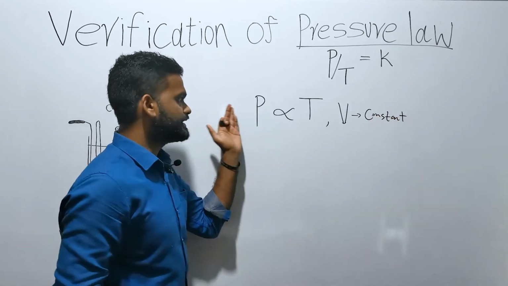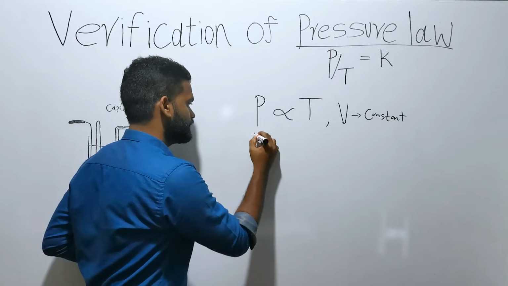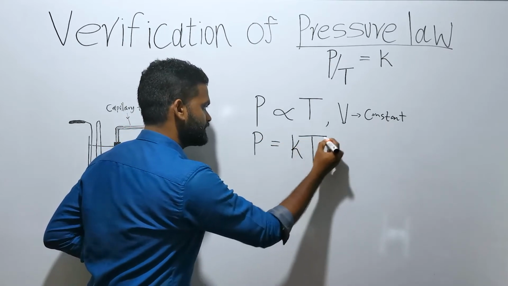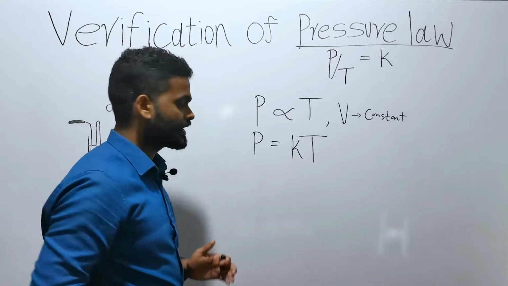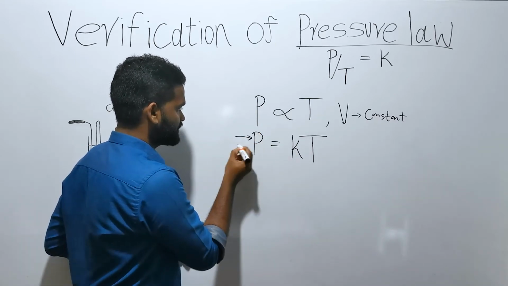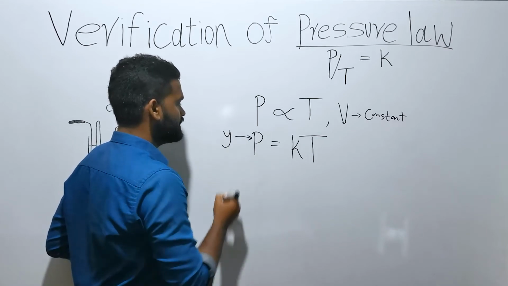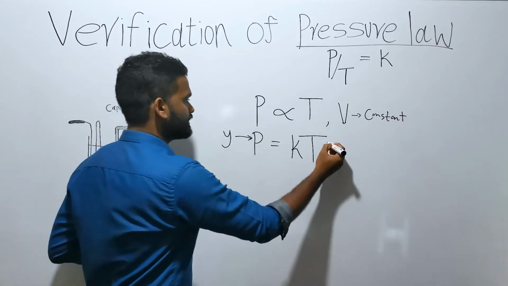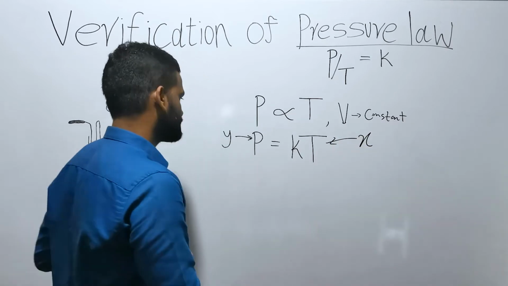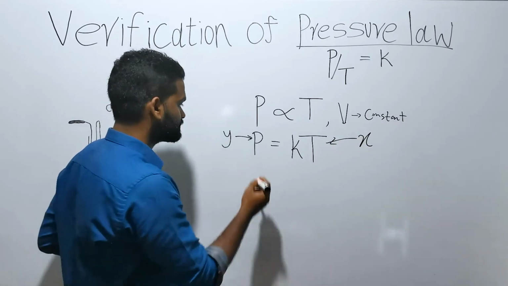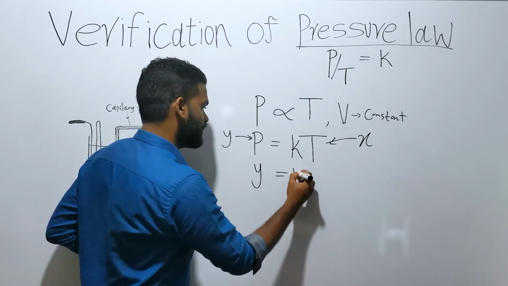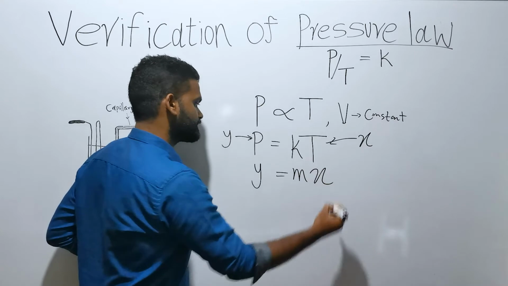Then we can write this equation in this form using a constant K: P equals KT. Then we can take pressure as the dependent variable y and temperature as the independent variable x. Once we get that, we can write this equation as y equals mx.